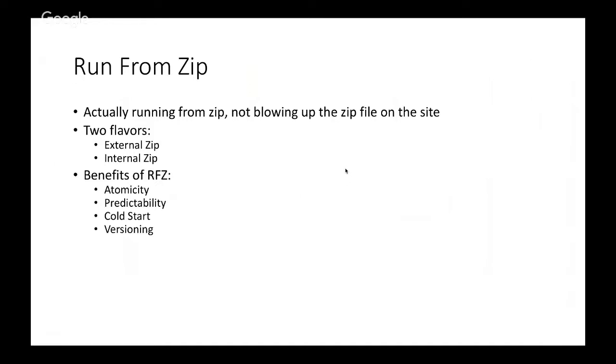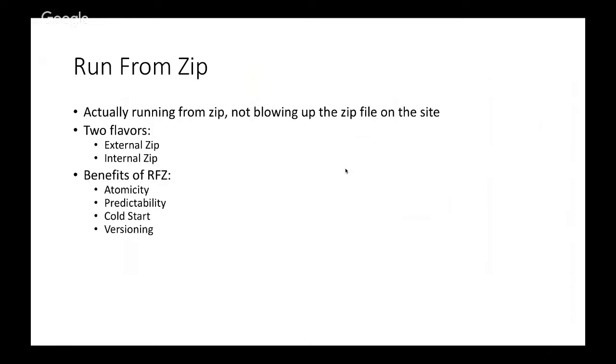When he uploaded that with the previous methods, because it had giant NPM trees, the cold start for that app, the first time it was touched in over an hour, was on the order of 90 seconds, because it had to load so many different dependencies. Now with Run from Zip, in the first flavor, the external zip, it was, I think, 10 seconds, and the other one was like 8 seconds. So basically, massive improvements here.